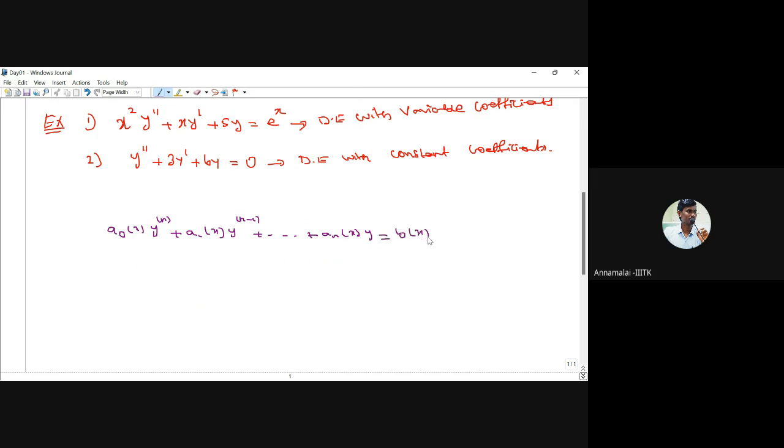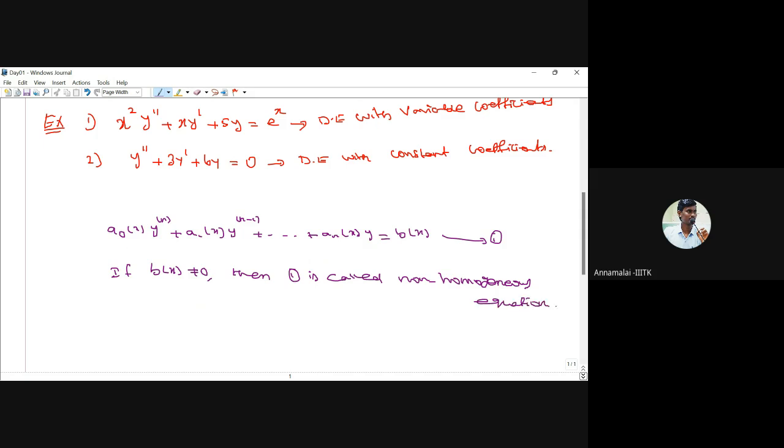So this is a general linear equation. Suppose the right hand side function b of x is non-zero, then equation 1 is called a non-homogeneous differential equation.